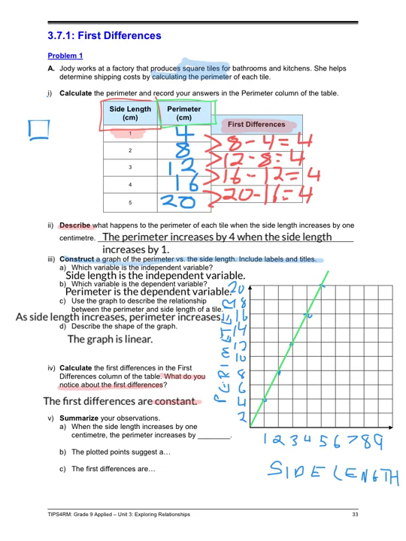Last of all, we're asked to summarize our observations. So, when the side length increases by 1 centimeter, the perimeter increases by 4 centimeters. The plotted points suggest a straight line.